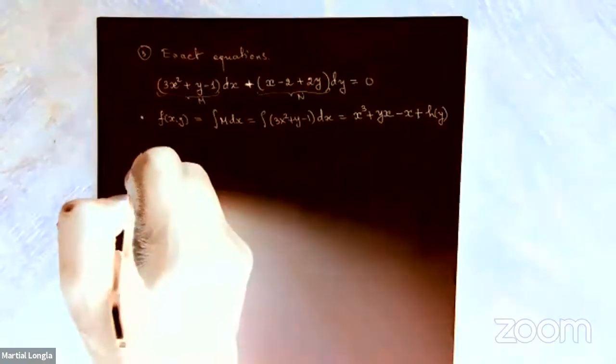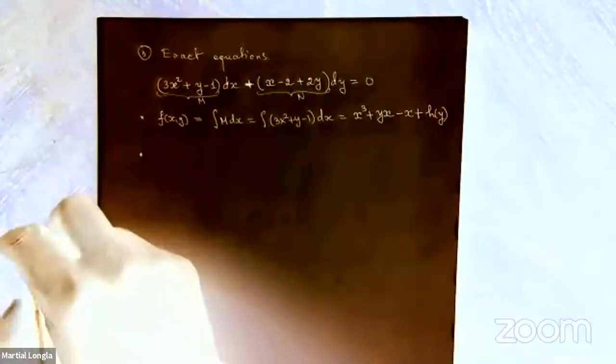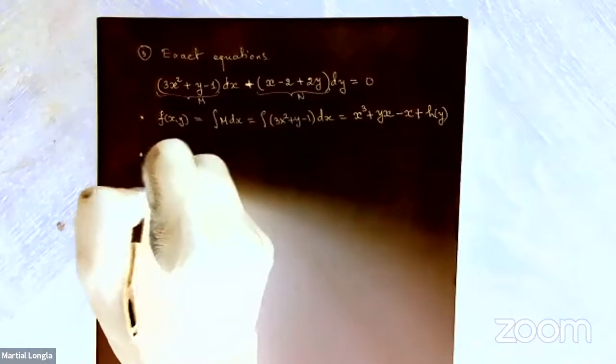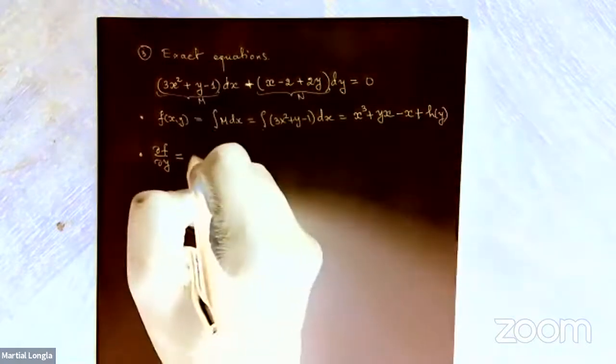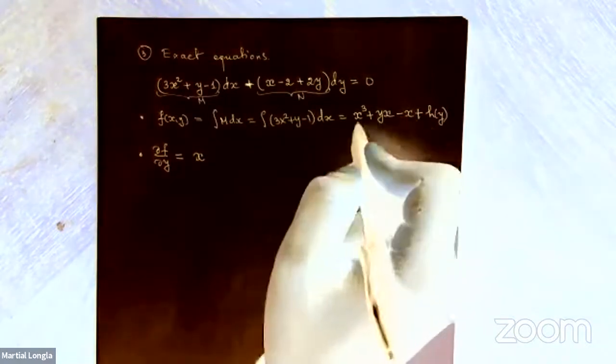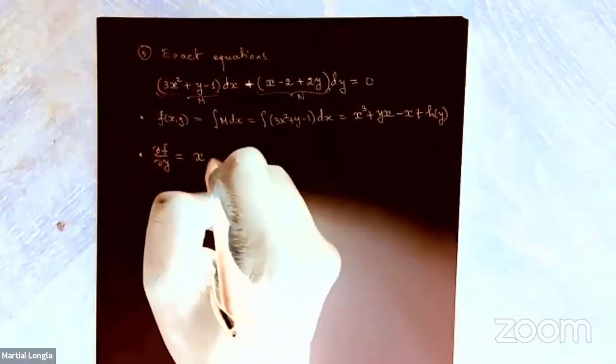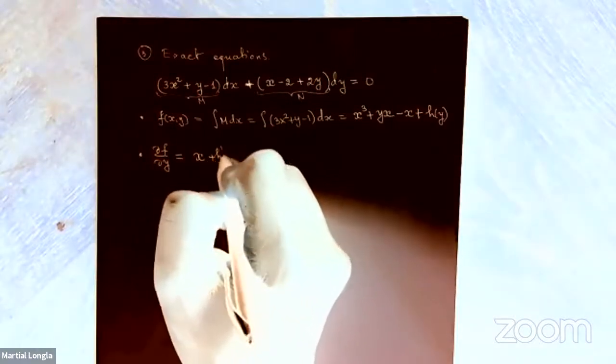In your next step, you take the derivative of what you got with respect to y. So the derivative of f with respect to y is 0, x, 0, plus the derivative of h of y, that's h prime of y.